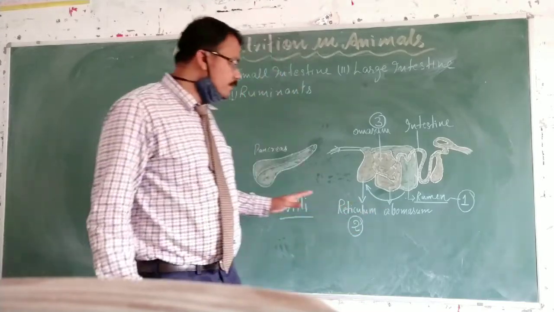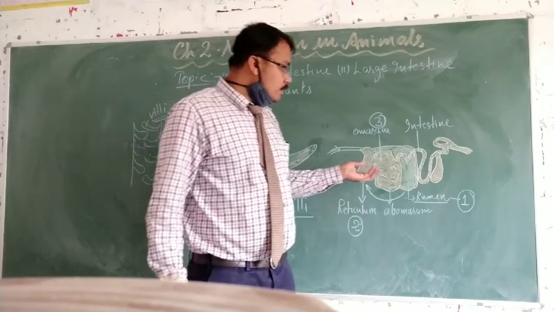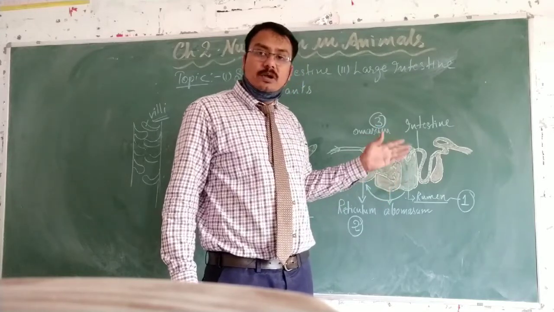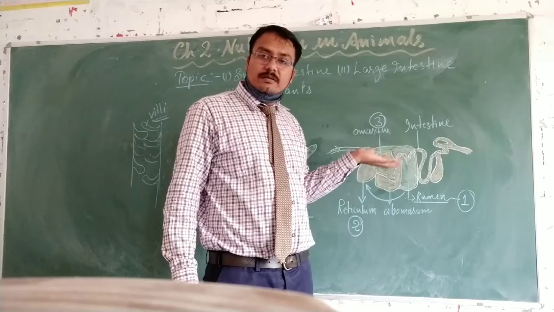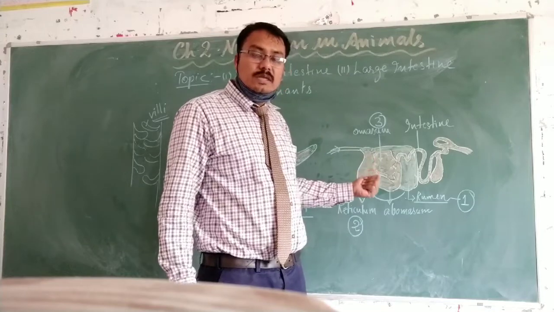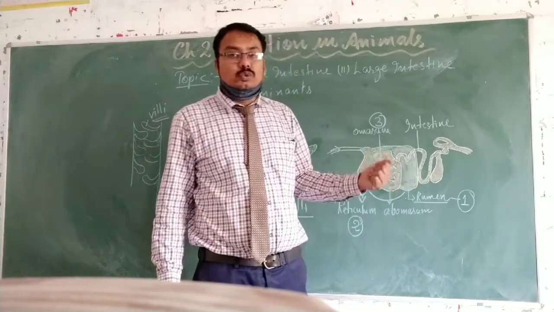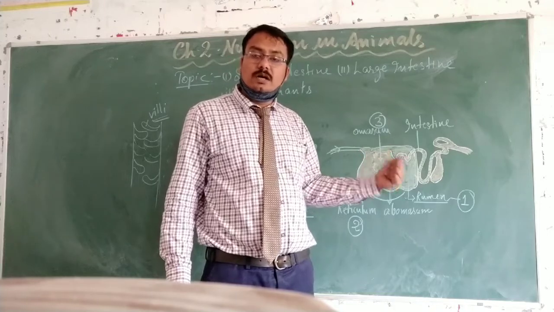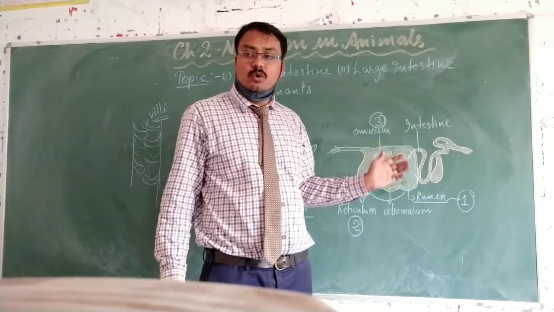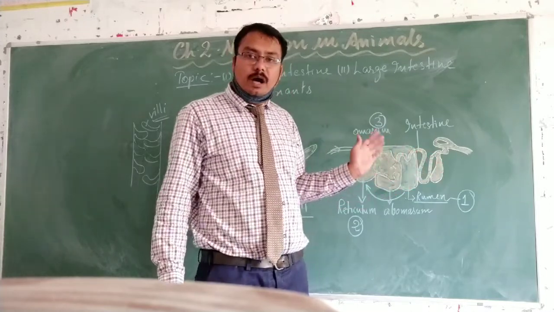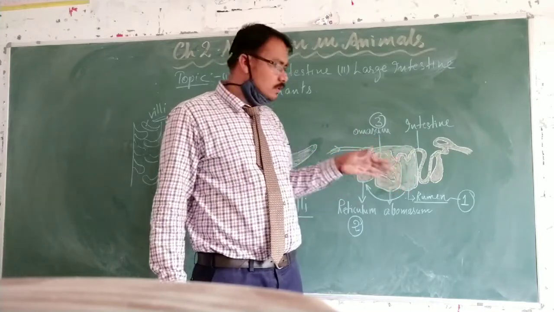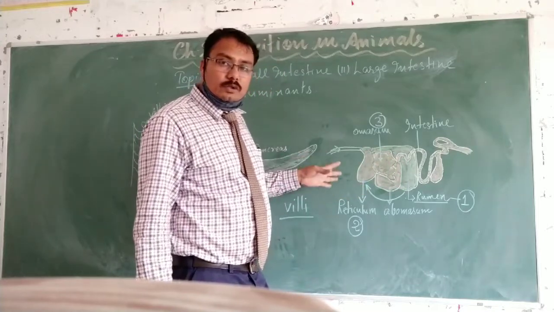Here you can see there are 4 more chambers present, besides the small intestine, rectum and large intestine, because they are special creatures who chew the swallowed food, which is called chewing the cud, and such creatures are called ruminants, and their method of digestion is called rumination.